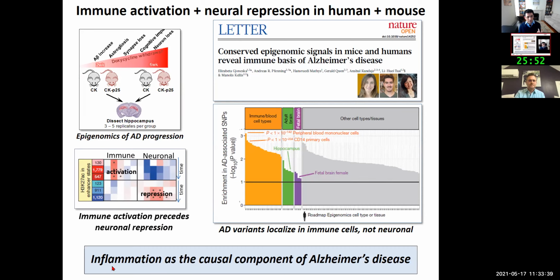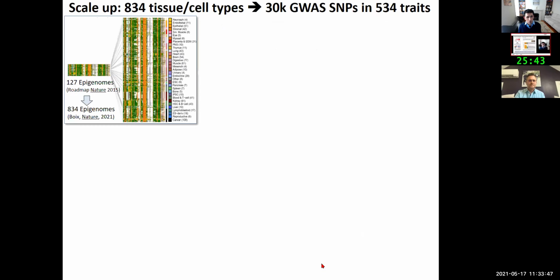Again, suggesting that inflammation and immune dysregulation are probably the causal component of Alzheimer's, which only then leads to neuronal dysfunction. So that was in 2015.